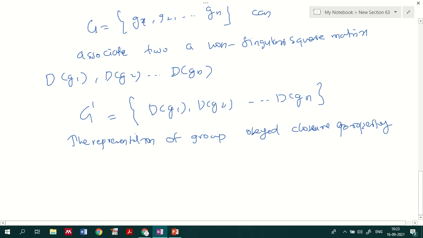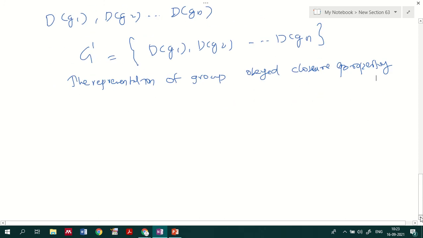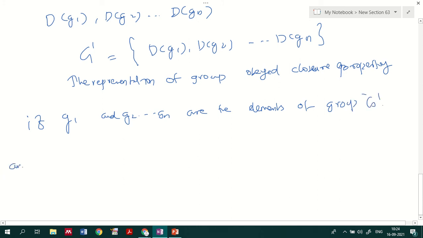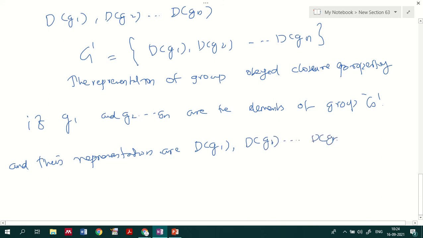So if you consider the matrix representation of the group, if G1 and G2 up to Gn are the elements of a group G, and their representations are d of G1, d of G2 up to d of Gn respectively.